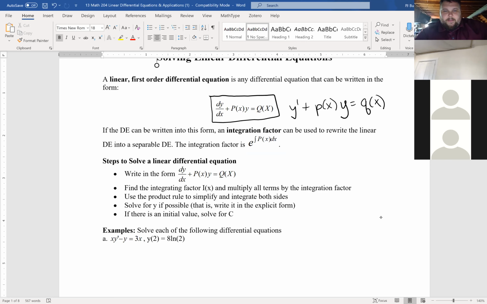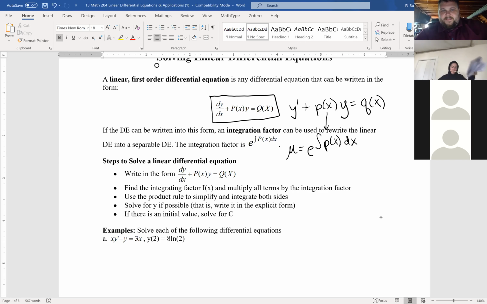So somebody solved this type of differential equation a long, long time ago and found this guy called the integrating factor. And the integrating factor is of the form e to an integral. And I will often call this thing mu. It's a Greek symbol. So it's e to the integral of whatever that p of x function is, dx.